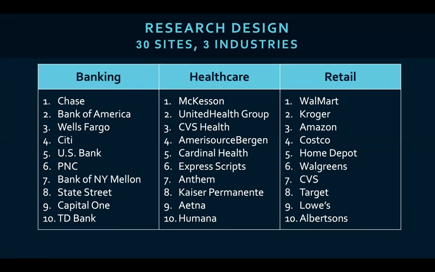What we did is we selected 3 key industries: banking, healthcare, and retail, and we basically took a sample of the top 10 in each of these respective industrial sectors. And what we then proceeded to do is to evaluate on a low intensity level the level of accessibility of their sites for comparable purposes.